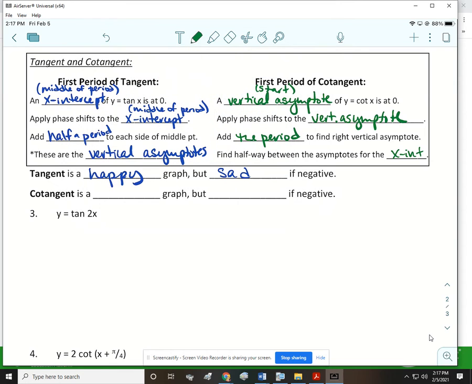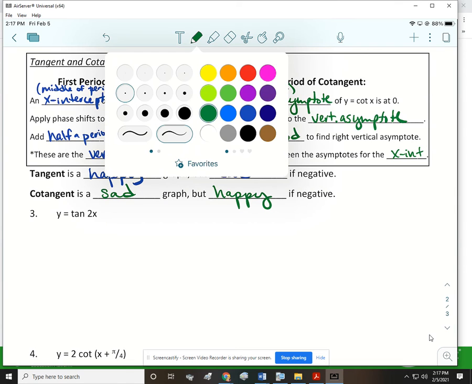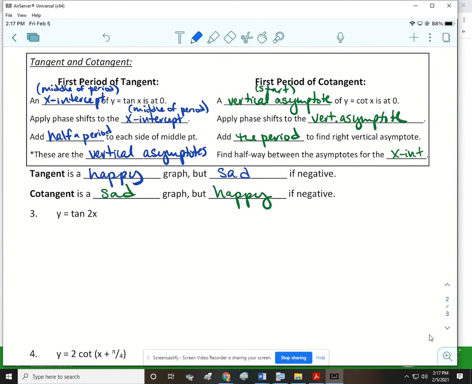And then cotangent is normally a sad graph, but becomes happy when it's negative. So you guys all know those kinds of people who are only happy if something bad's happening. That's cotangent. Negative things happen, which makes cotangent happy. All right, so this is a goofy way to remember.